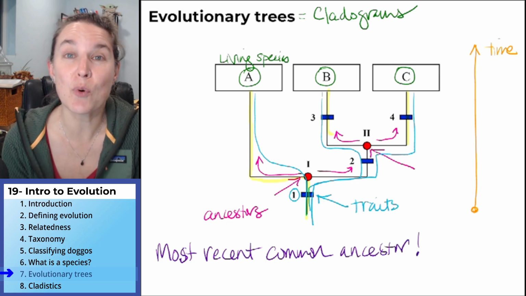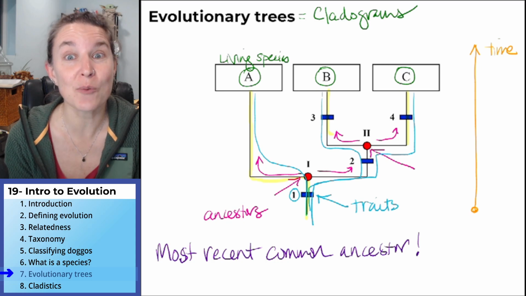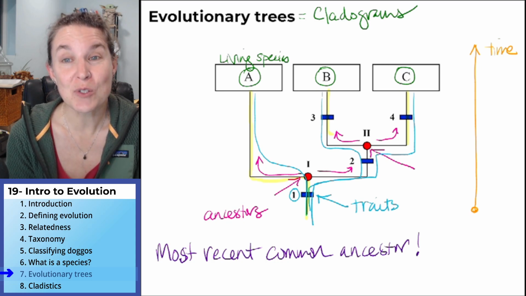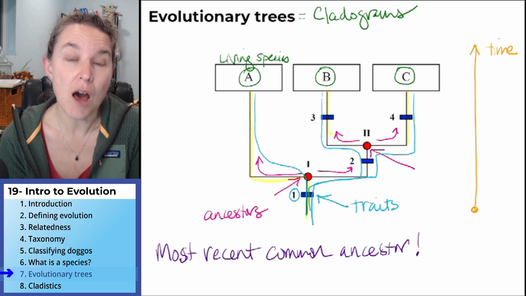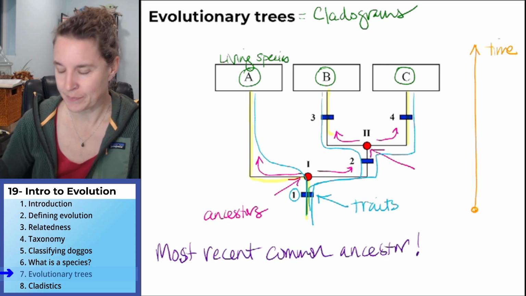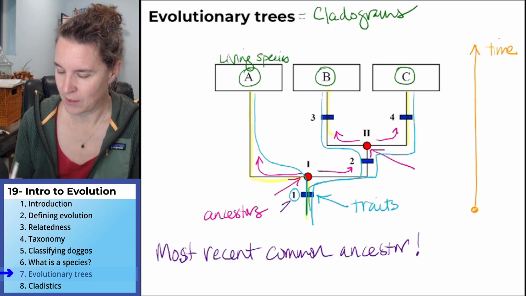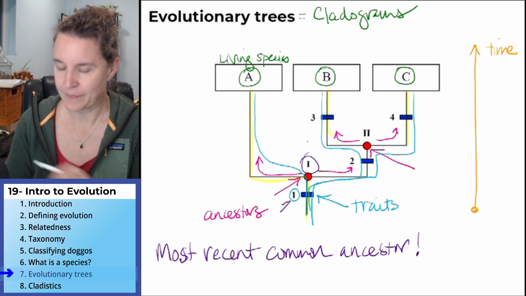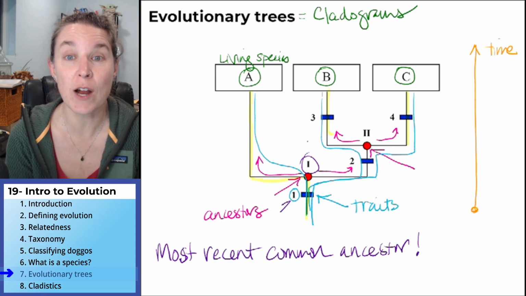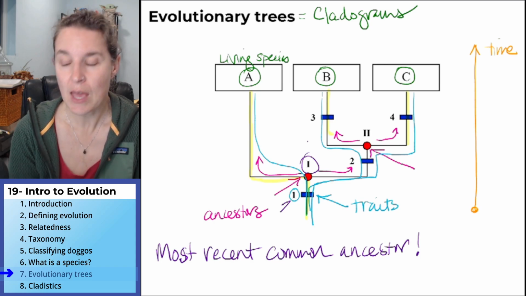This is a really important concept in determining relatedness. The most recent common ancestor of everyone on this tree is ancestor, that's trait, sorry. Ancestor 1 is the most recent common ancestor for everybody on this tree.